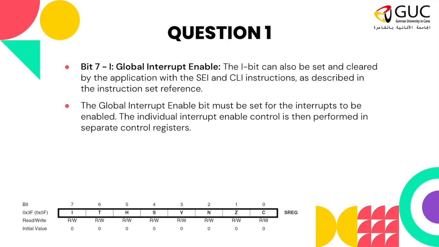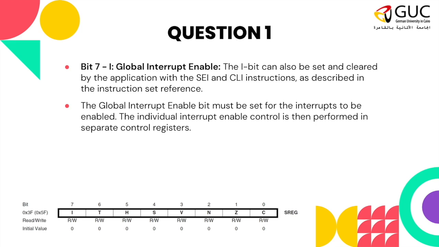Even if I enable the local interrupt for the ADC and do not enable the global interrupt, it will not work. For local interrupts to work, the master switch, the global interrupt, must be on, and then I, as a programmer, choose the specific local interrupts I want to turn on so they can trigger an interrupt.